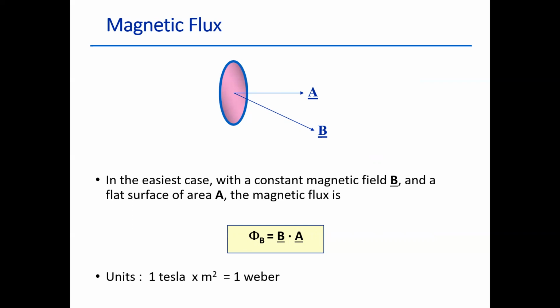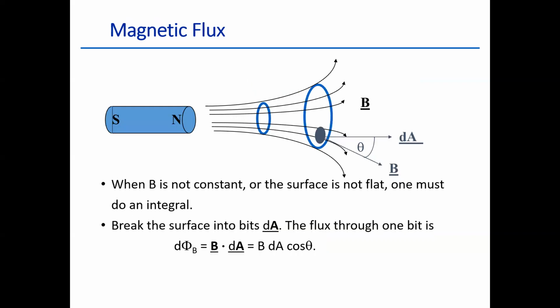And this has a unit of Weber. But in case you have a complicated system and B is not constant or the surface is not flat, then you have to do an integral.